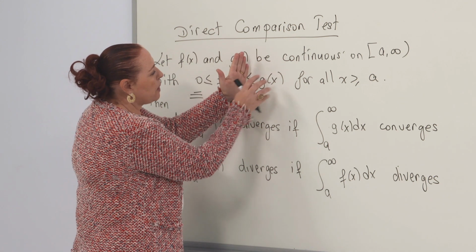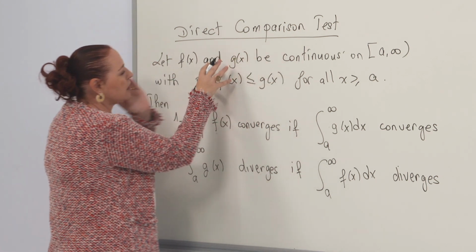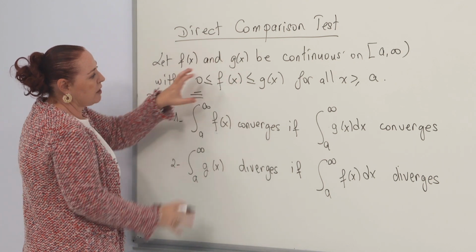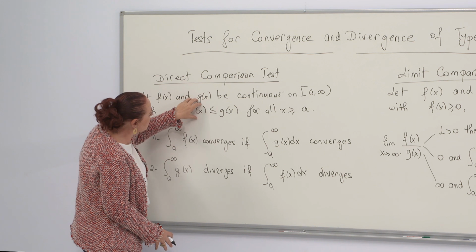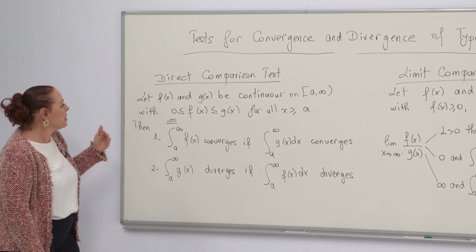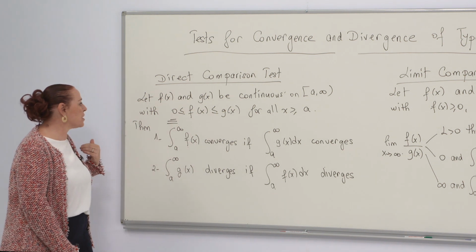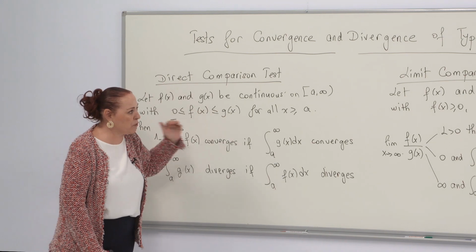So, if the larger improper integral is convergent, the smaller will also converge. If the smaller one diverges, the larger one will also diverge. It's like smaller than convergence, converges; greater than divergence, diverges.